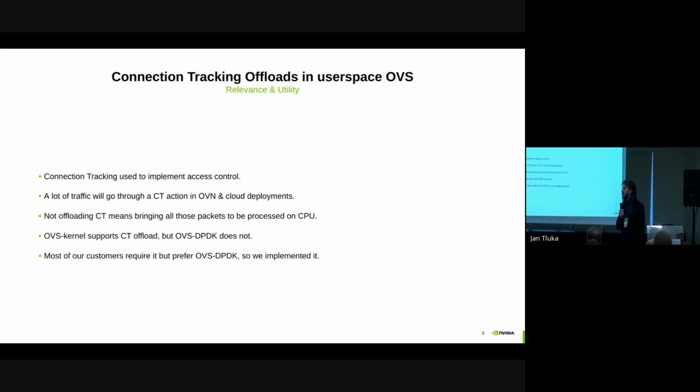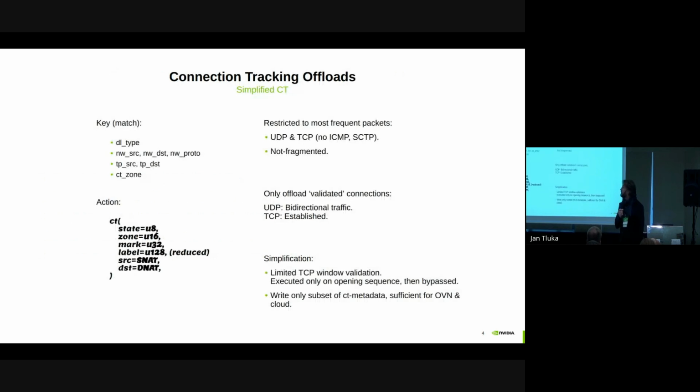Considering that if we do not offload it, that means we have to use the CPU for it, it becomes a quite heavy cost. For our customers who wanted to use OVS DPDK for generally operational reasons, it was not acceptable. And so we were required to implement it and to provide that.